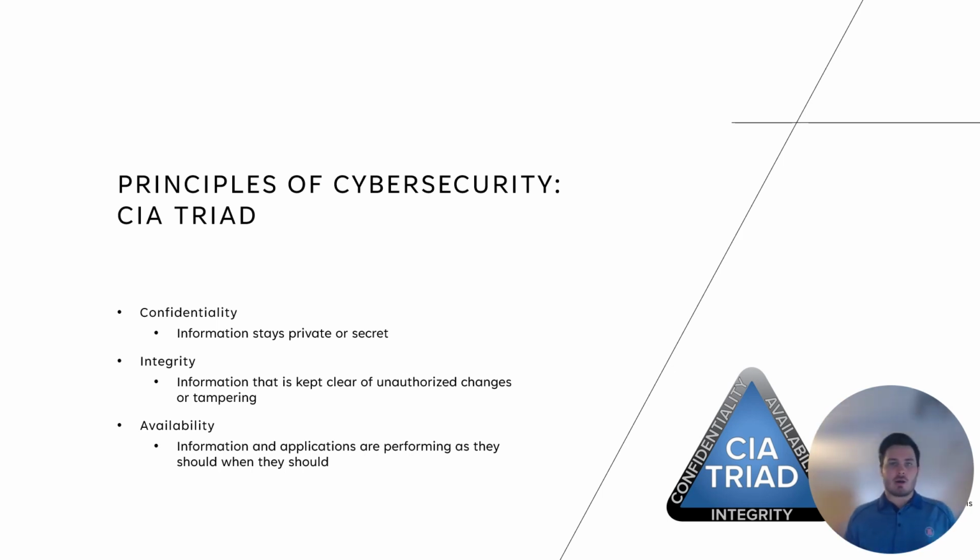Integrity means the data is kept clear of any unauthorized changes or tampering. And availability refers to applications and information performing and being able to be gathered and used as they should, when they should. They should be readily available whenever you need them. That's the core foundation of cybersecurity.